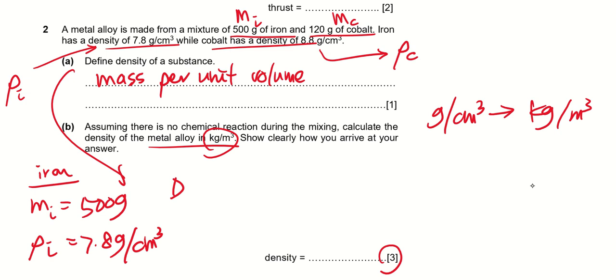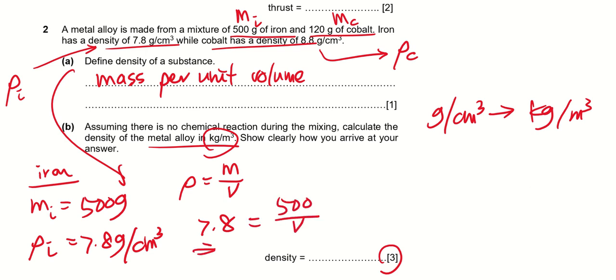So density equals mass over volume. So substitute this, we can find the volume of iron. So 7.8 equals mass 500 over volume. So the volume of iron will be 64.1 cm cube.